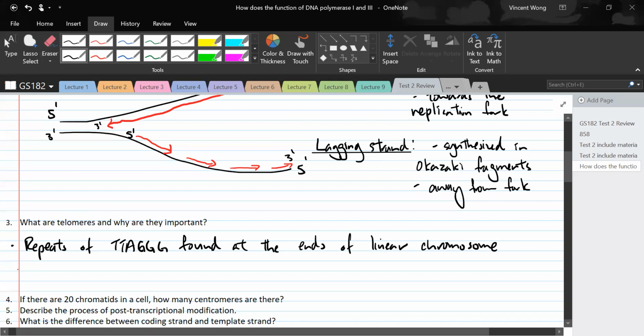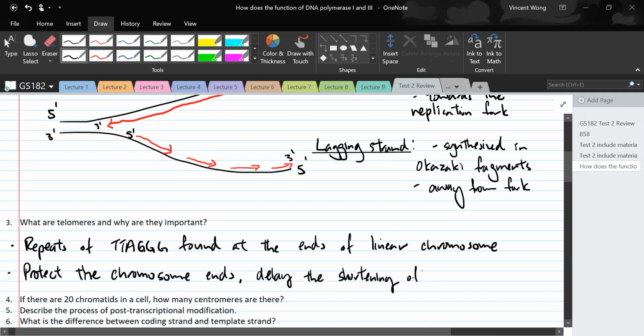Okay. And the function of telomeres is that they protect the ends of the chromosome and delay the shortening of critical genes.